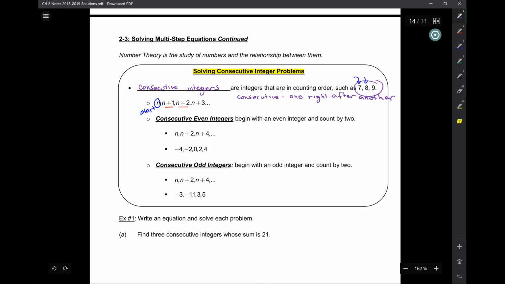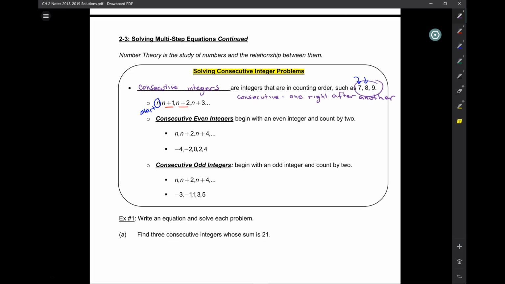So all the counting numbers, 7, 8, 9, 10, 11, 12, 13, and so on. Now, what if you were just interested in consecutive even integers? Can somebody count even numbers for me? 2, 4, 6, 8.